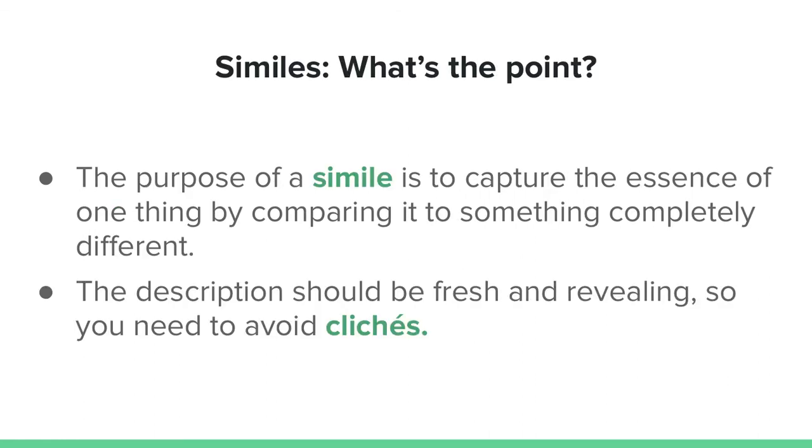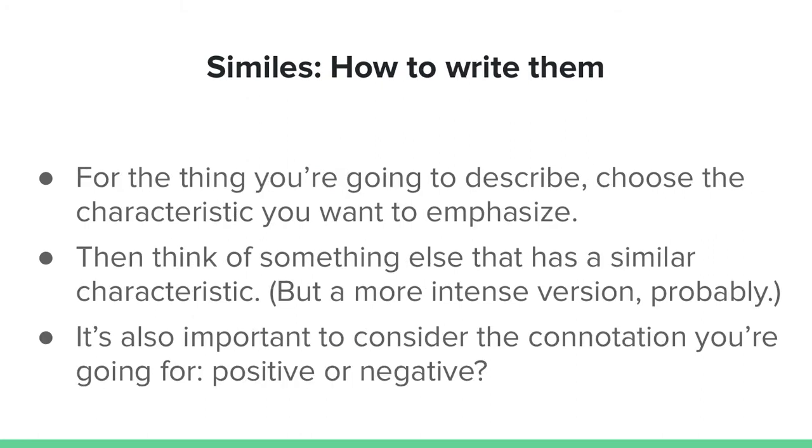So what's the point of a simile? The purpose of a simile is to capture the essence of one thing by comparing it to something completely different. The description should be fresh and revealing, so you need to avoid cliches. So, how do you write one? Well, you need to find the thing you want to describe and think of the characteristic of that thing you want to describe.